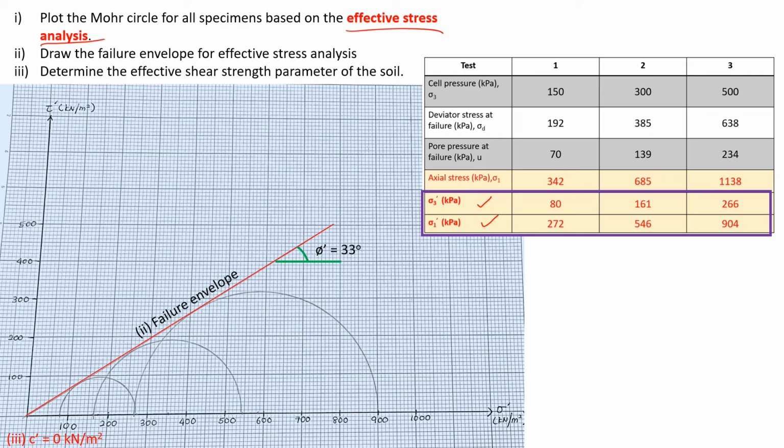You can see here that sigma 3 prime, for example, is 88, around here, and then it ends at 272, around here. You need to plot all the specimens, and then don't forget to draw the failure envelope. This is the failure envelope. Again, the C intercept is equal to 0, and the angle of friction is 33 degrees.